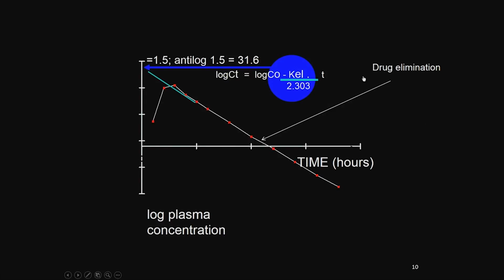When we take logarithm to the base 10, it becomes log Ct is equal to log C naught minus k elimination t by 2.303. So the slope of this line is given by this k elimination. This is a negative slope because it is falling down. Here the axis is logarithmic, so when you take the anti-logarithm, you get the C naught.